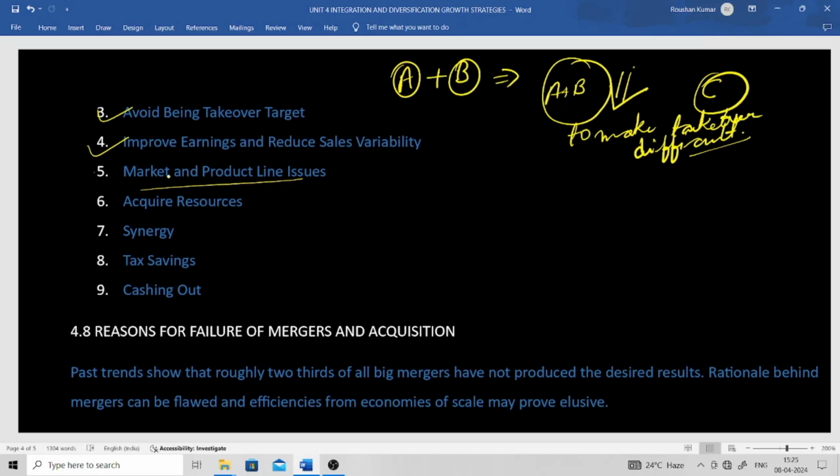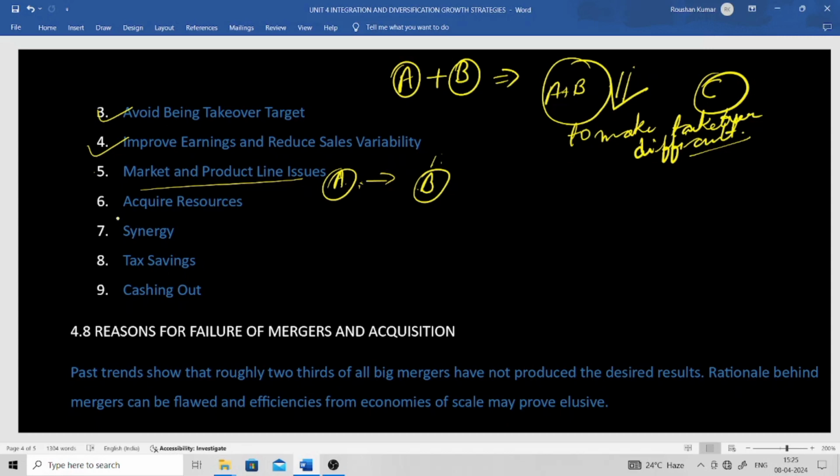For example, if company A wants to enter the market of company B, that can happen very easily through a merger of A with B, or acquisition of B by A. All of the target firm's experience and resources are readily available for immediate use by the acquiring firm. So that is also a reason.